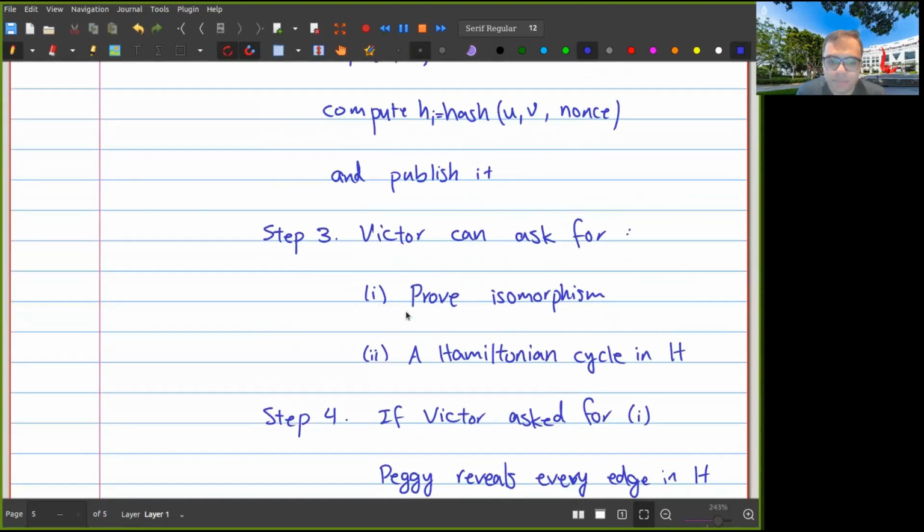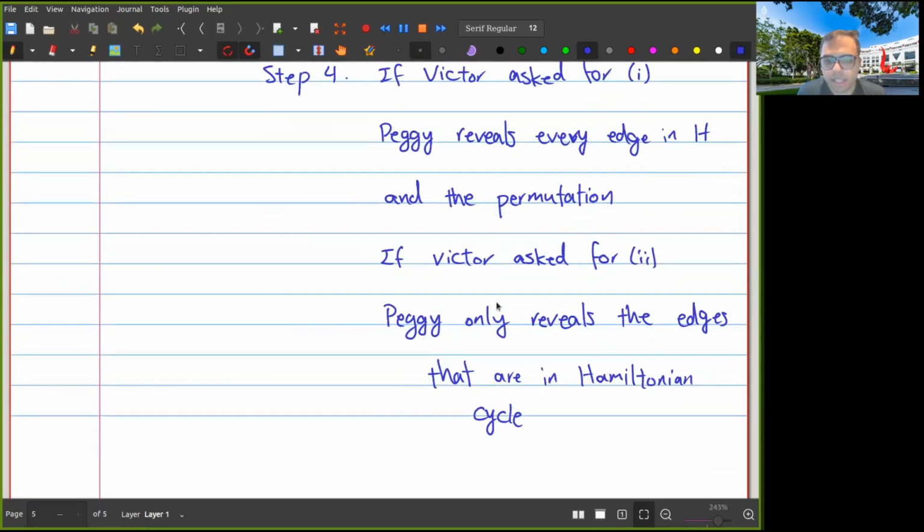But what happens if Victor asks for a Hamiltonian cycle? Then he's just, again, getting only a cycle, but this cycle is also in a randomly ordered graph. So he's just going to get a random permutation of the numbers from 1 to n. He's not going to get any kind of information. So we're not leaking anything.